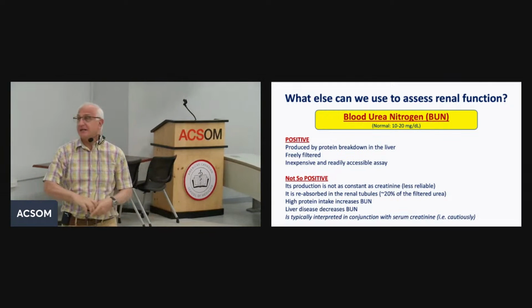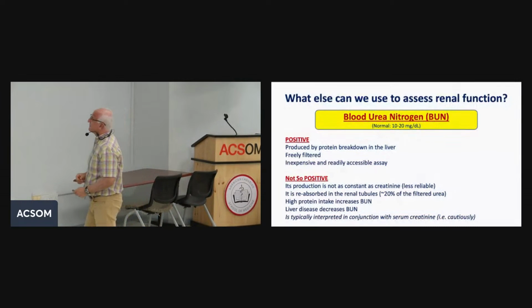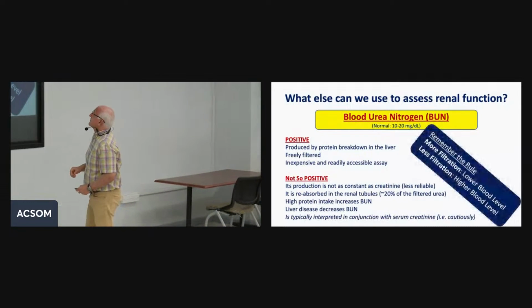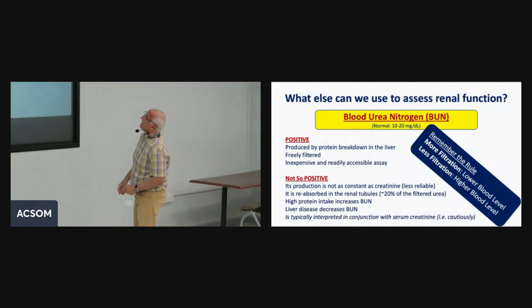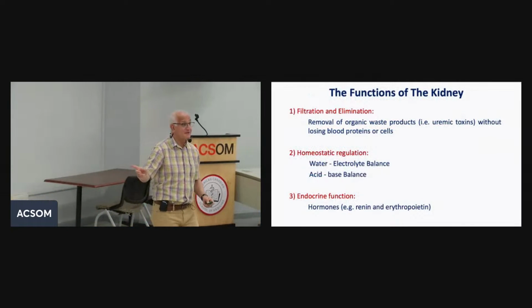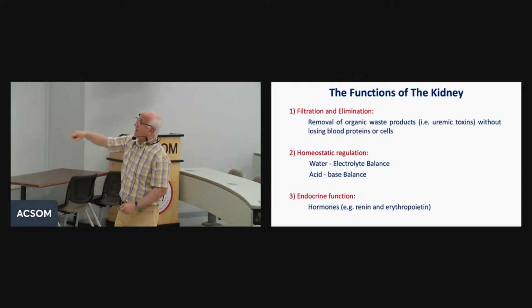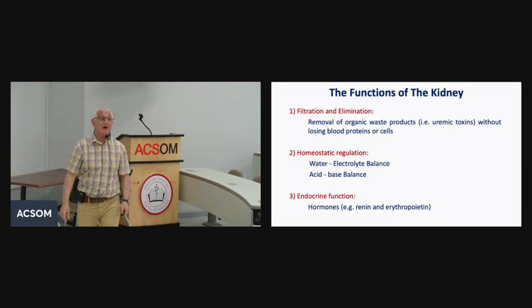And you are going to actually have a case about it later. It is typically interpreted in conjunction with serum creatinine. So again, the same concept applies. Okay, you see, we have gone far from the first slide that we started. We started by saying the removal of organic waste products, uremic toxins.